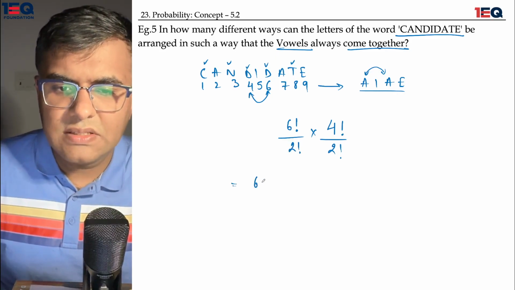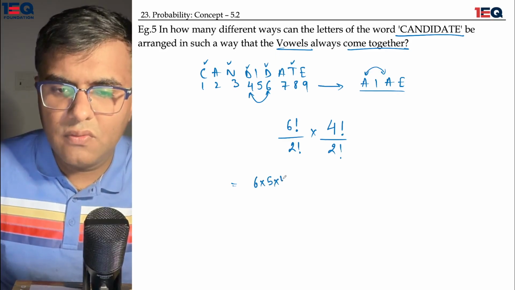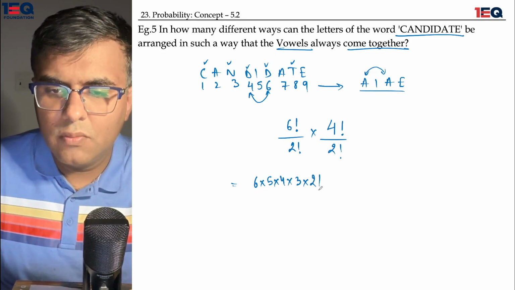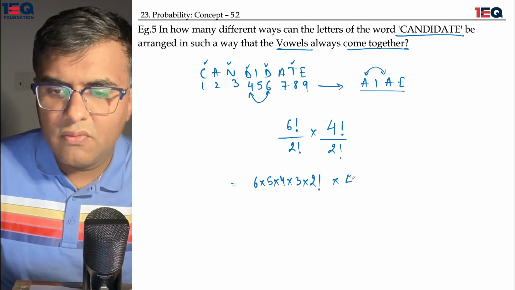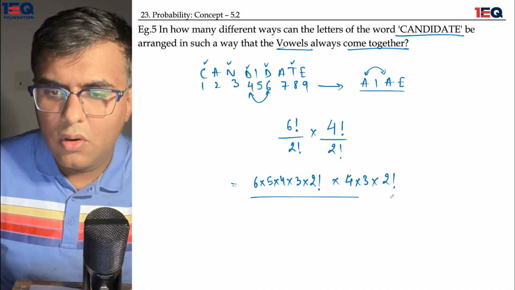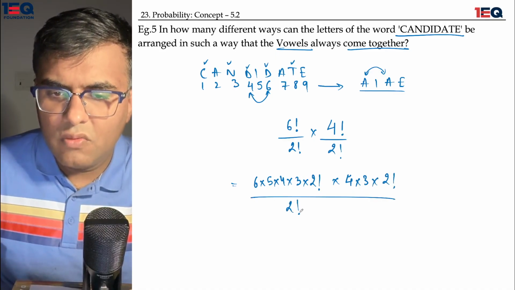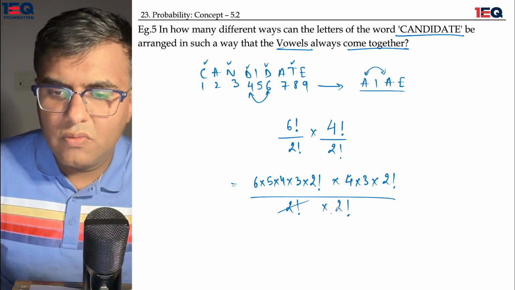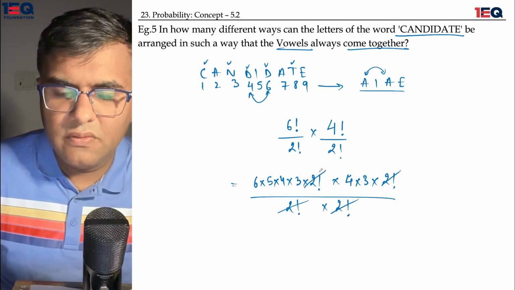6 factorial is 6 into 5 into 4 into 3 into 2 factorial, multiplied by 4 into 3 into 2 factorial, whole upon 2 factorial multiplied by 2 factorial. 2 factorial gets cancelled all the way.